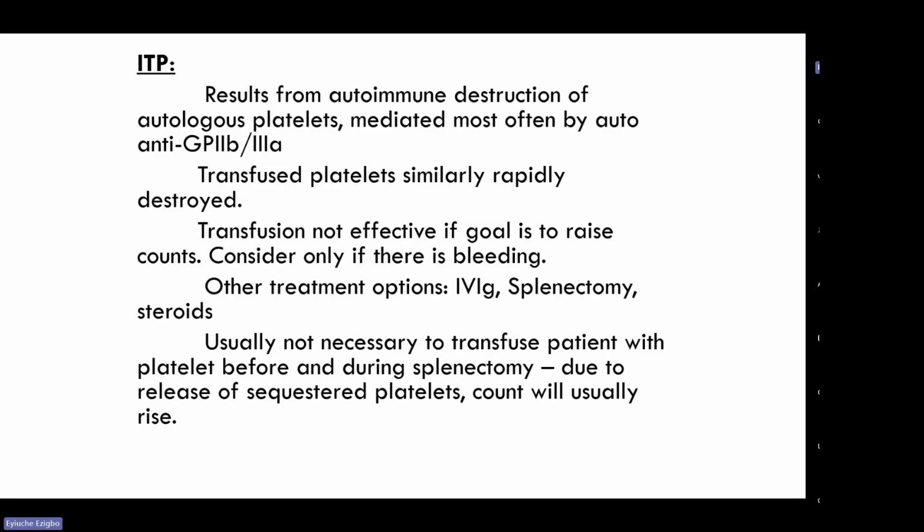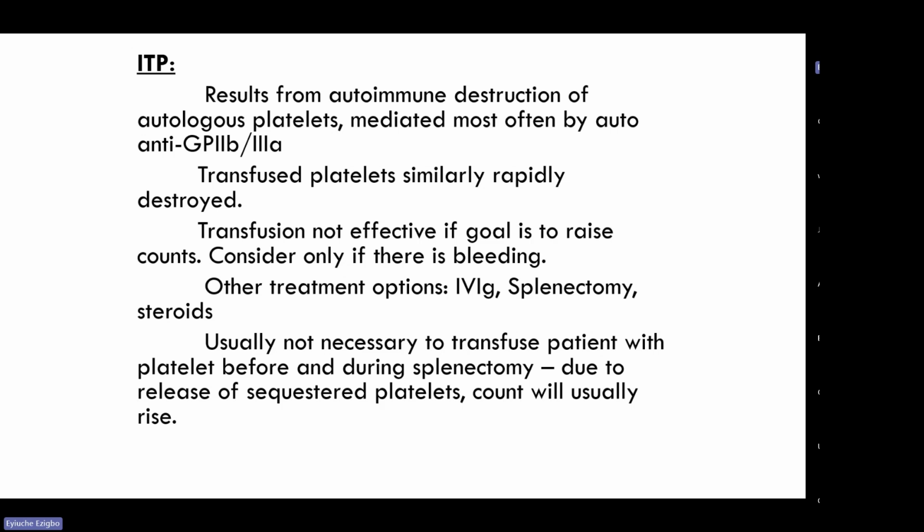Transfusion is not effective if the goal is to raise the count. Consider only if there is bleeding. Other treatment options: giving immunoglobulin, splenectomy, steroids. Usually not necessary to transfuse patients with platelets before and during splenectomy due to release of sequestered platelets. The platelet count will usually rise.